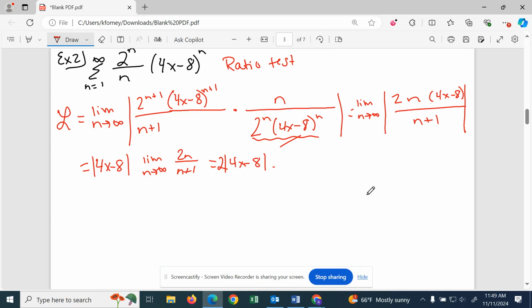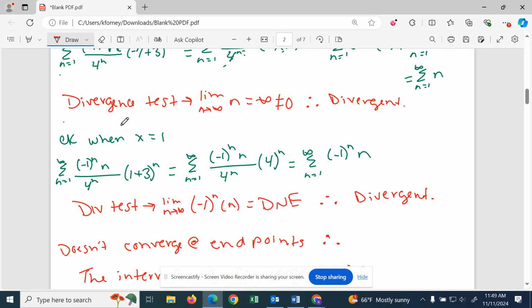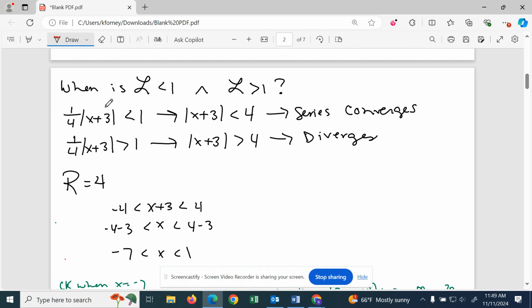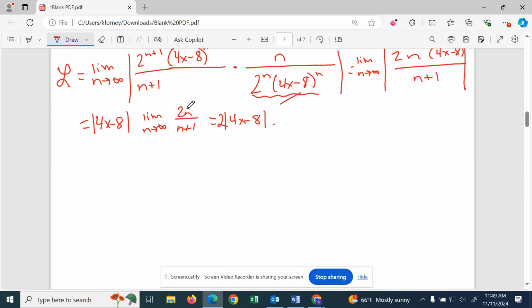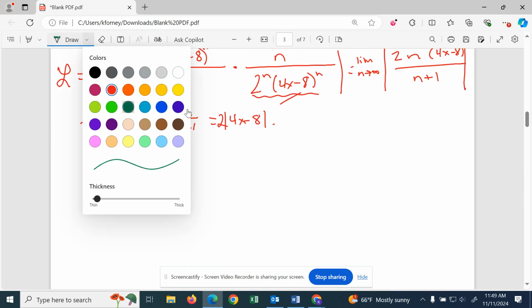And so you remember in the last problem, once we found L, we want to know when is L less than 1, when is L greater than 1. So I'm going to do that in a different color.